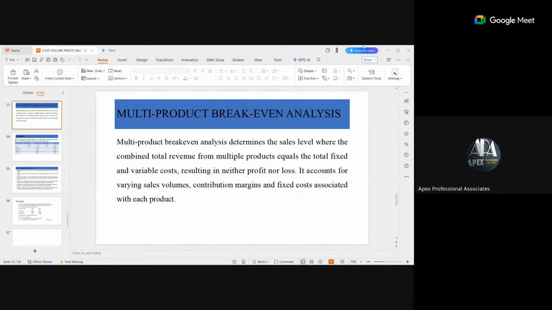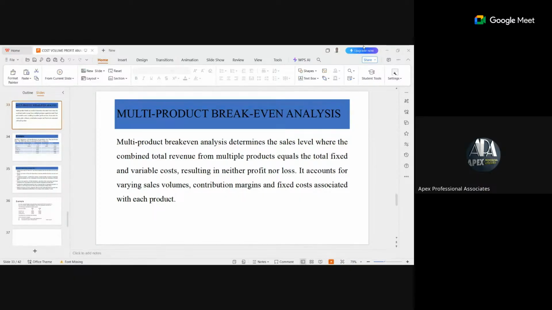To get the proportion of A, it will be 3 plus 7, which will now be 3/10 multiplied by the total sales. And for product B, it will be 7/10 multiplied by the total sales, depending on the scenario. We'll get to see that as we solve an example now.